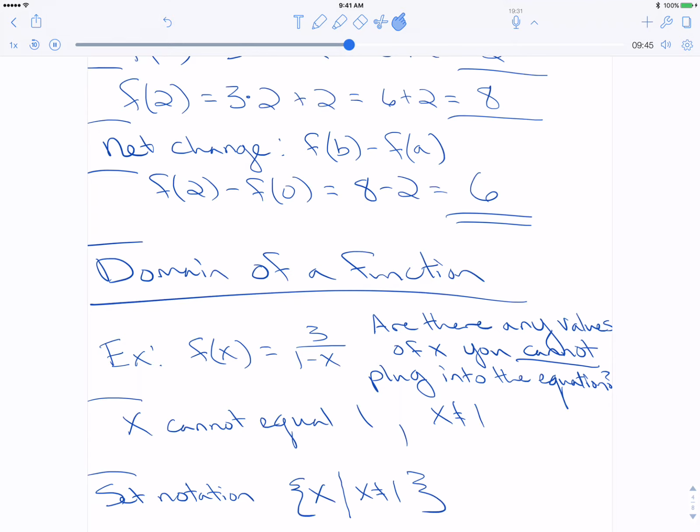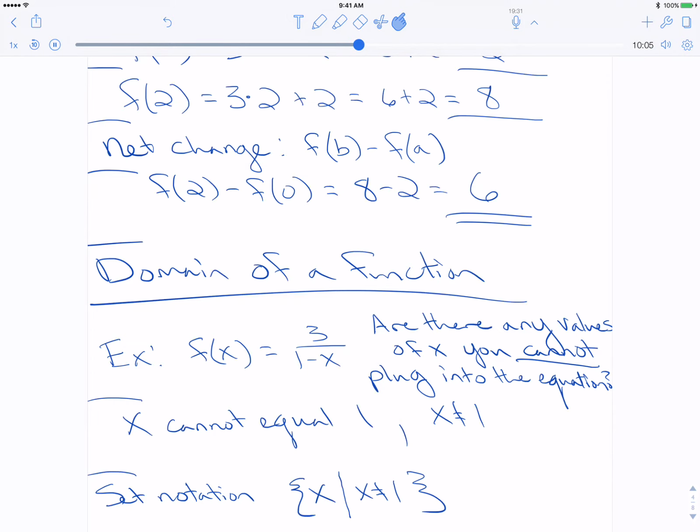This vertical bar, if you took a whole lot more math, stands for the words "such that." It's basically saying all values of x such that x is not equal to 1. So it's giving the additional constraints to that set.